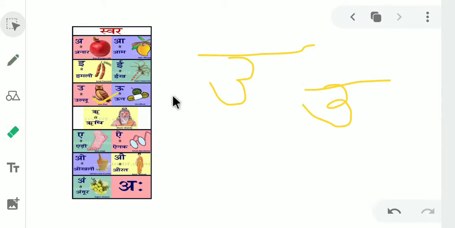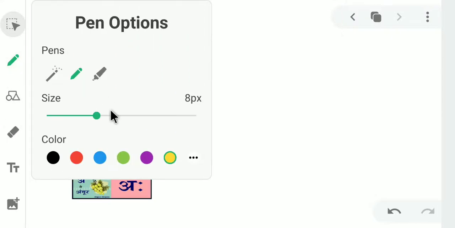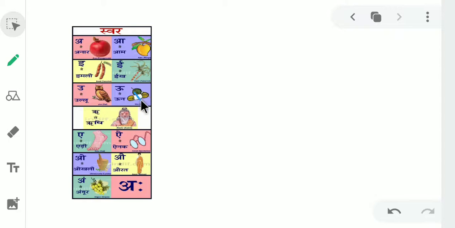Now I'm going to erase it. Okay, so let me change the color of my pen. So I'm going to write oo.